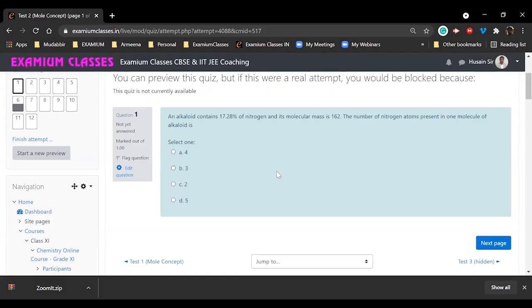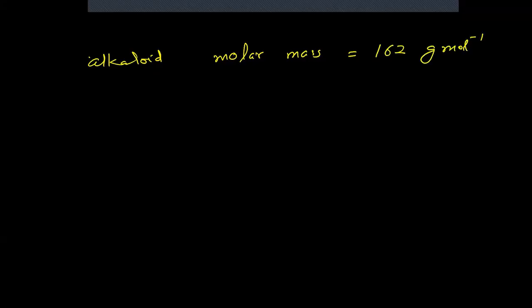So suppose there is an alkaloid and the molar mass is given, 162 grams per mole, and it is 17.28% nitrogen.